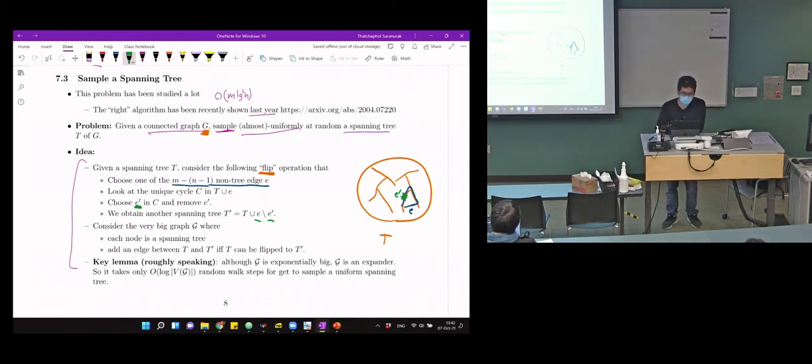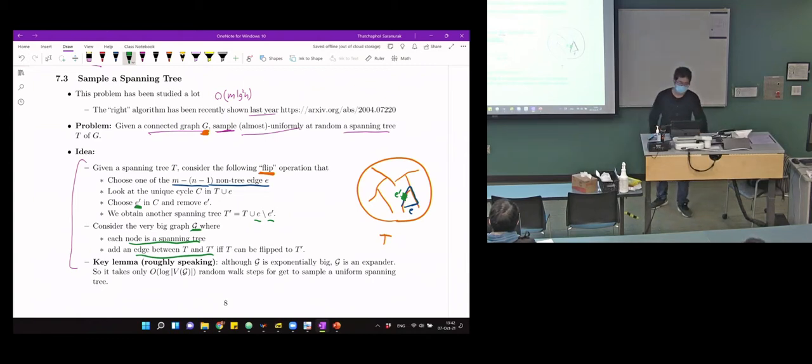Now this flip operation creates a relationship between two spanning trees. You can think of this as inducing a very big graph, script G, where each node is a spanning tree, and you add an edge between T and T' if T can be flipped to T'.